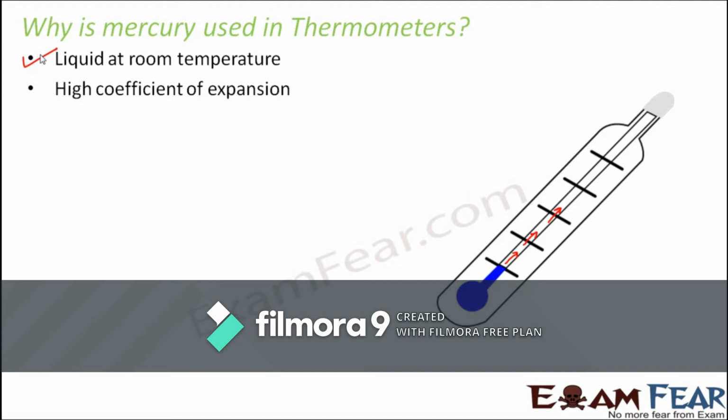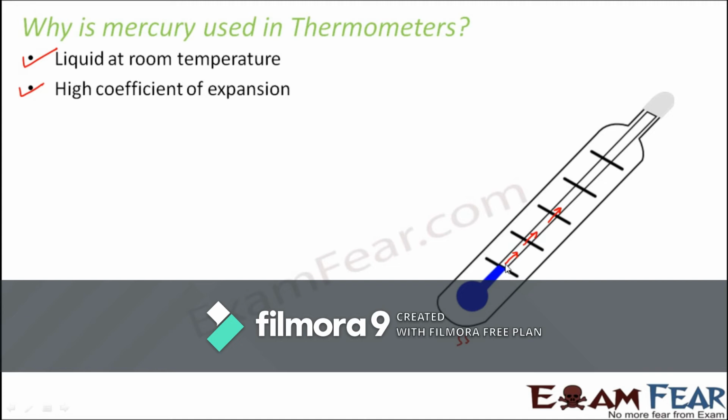Secondly, it has a high coefficient of expansion. What do we mean by high coefficient of thermal expansion? Expansion means anything which is increasing in its volume. Thermal expansion means anything which is expanding due to heat. So, mercury has a high coefficient of expansion means that even if it is heated very slightly, mercury expands noticeably, and that expansion will be noticeable.